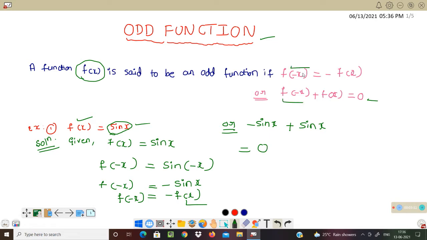Then you can easily say that the given function, sine x, is an odd function. Got it? This is so easy. You just remember this formula: instead of x, put minus x, and if you get this, the given function is an odd function.